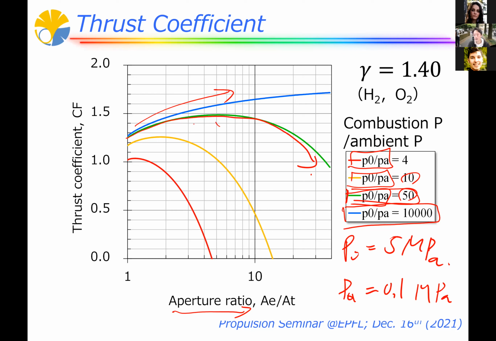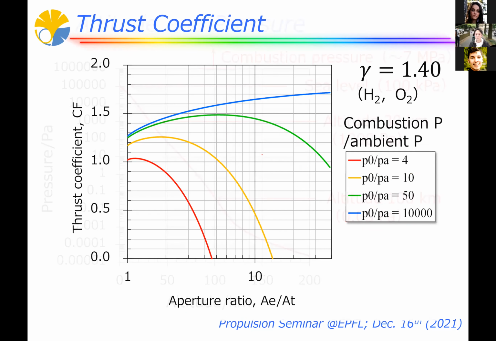And we will find it has an optimum maximum value. So according to the ambient pressure, we have to select this kind of nozzle condition or aperture ratio.